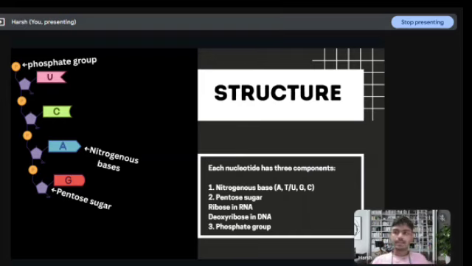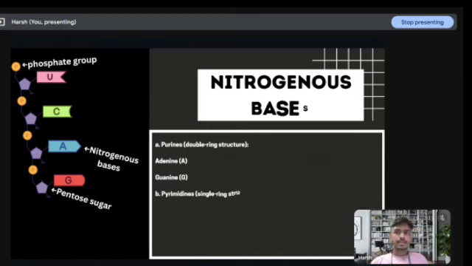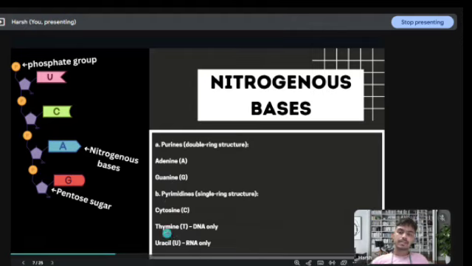Then we have a pentose sugar, that is a 5 carbon sugar. And then we have a phosphate group which is attached at the end and connected to the next sugar. So this is the basic structure and it is labeled. To understand the types of nitrogenous bases: adenine, guanine, cytosine, thymine, and uracil.